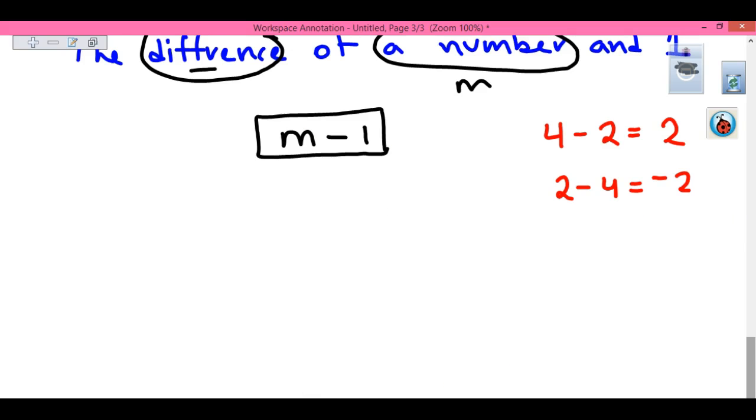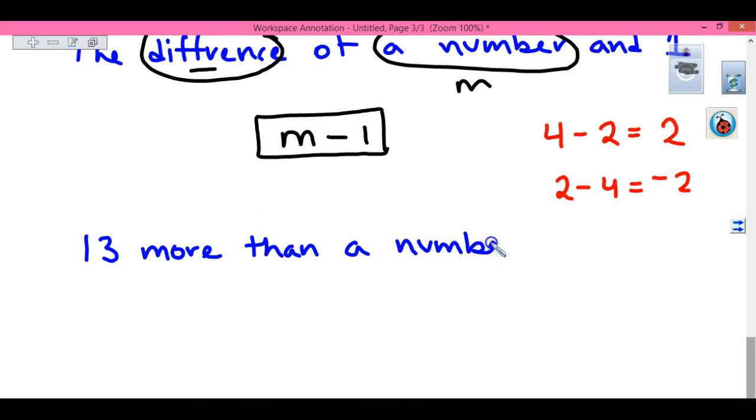So let's try another one. 13 more than a number. So in this one, we've got 13. What does more mean? Addition. Than a number. And what's a number?